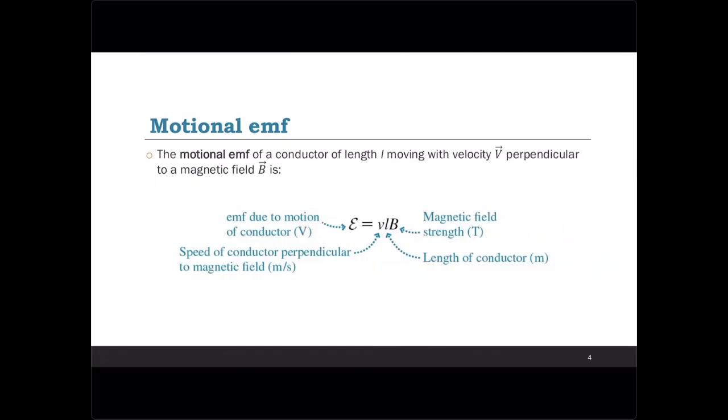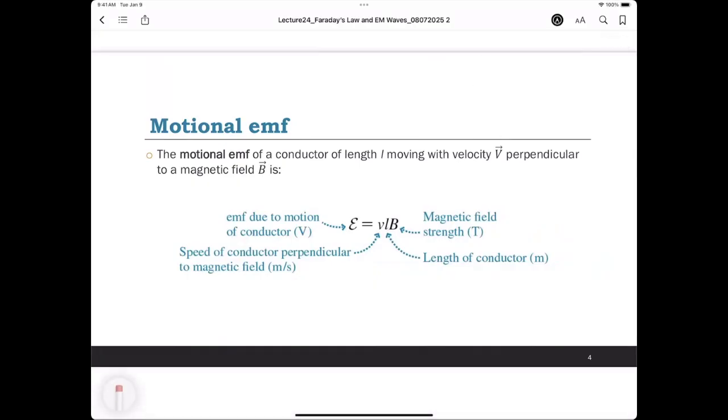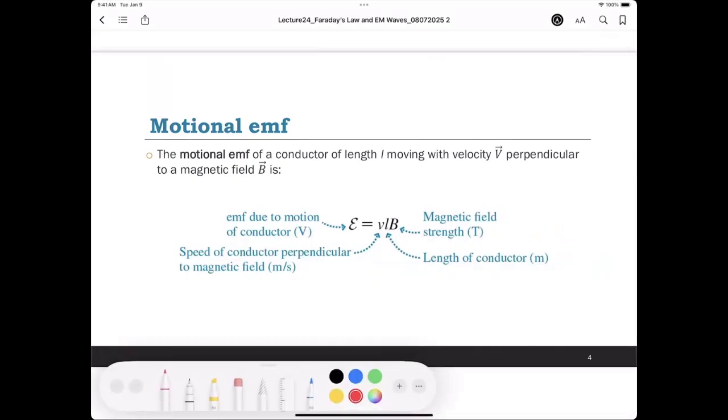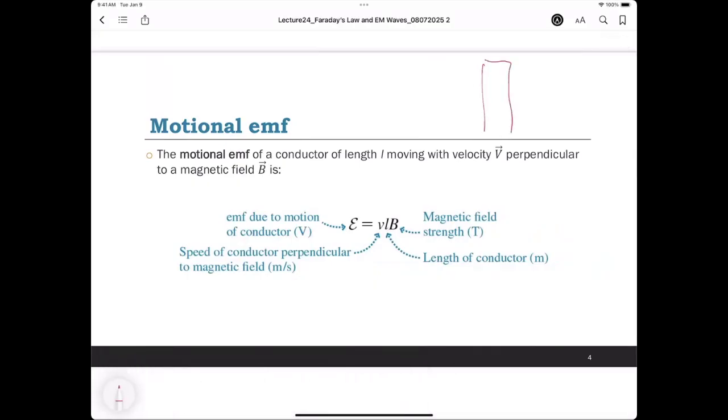You can see here, this is a conductor, and when it moves in a field, the positive charge will go up, negative will go down, and then there will be a potential difference. We named this motional EMF.